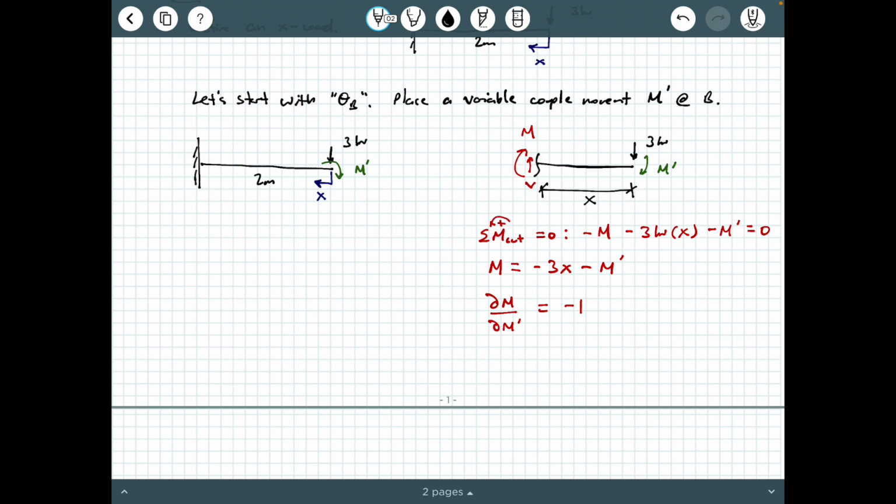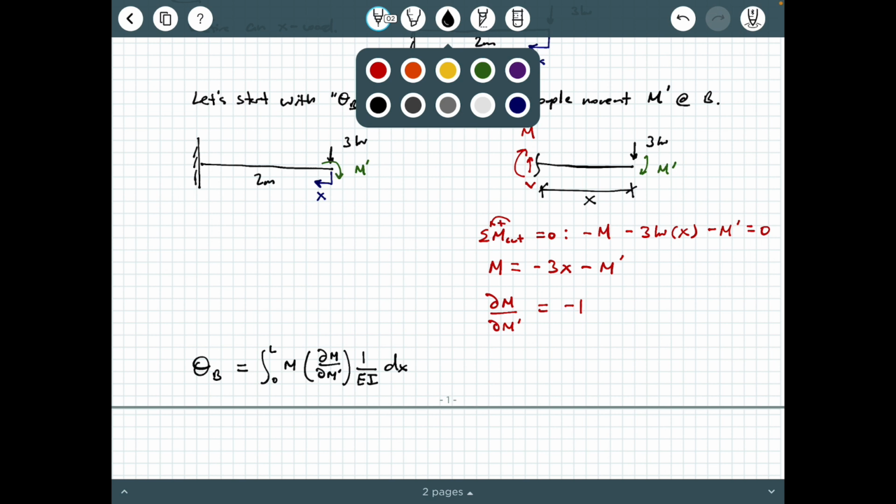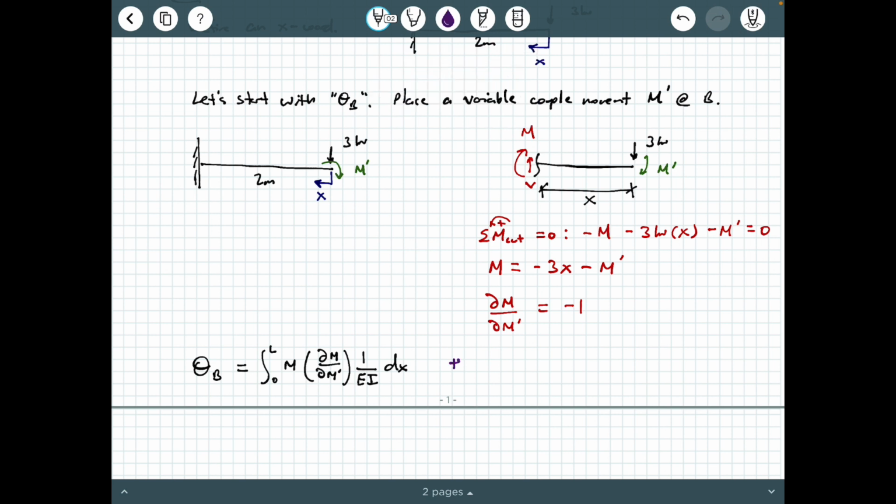So now I'm going to say theta sub B equals the integral from 0 to L of M times dM/dM prime, times 1 over EI, of course, dx. Only one segment, only one domain, so we don't need the summation here. And now I'm going to make a note here, and we saw this in the previous video.